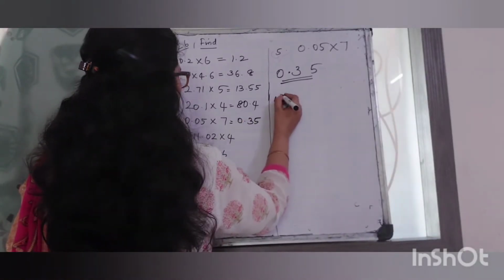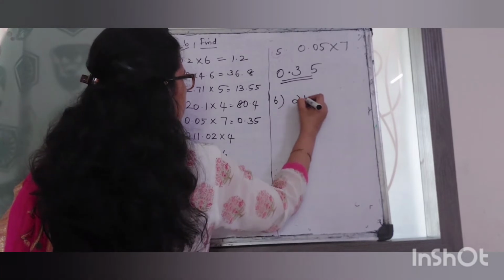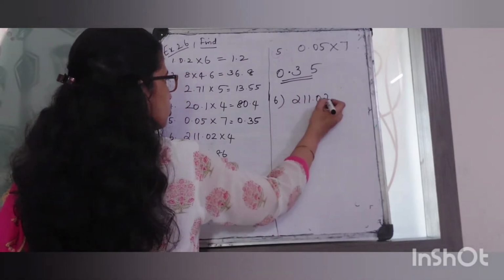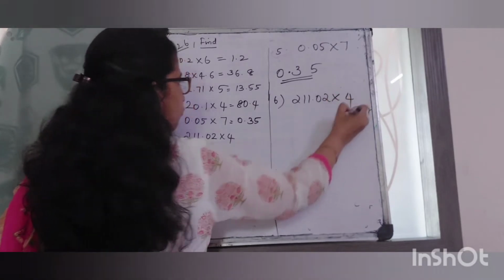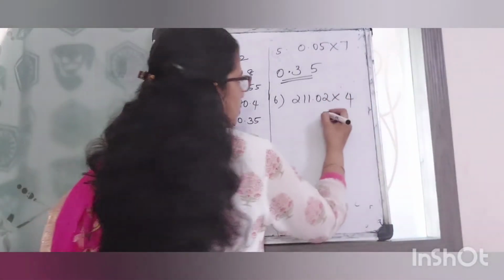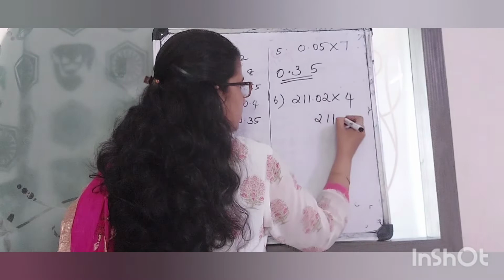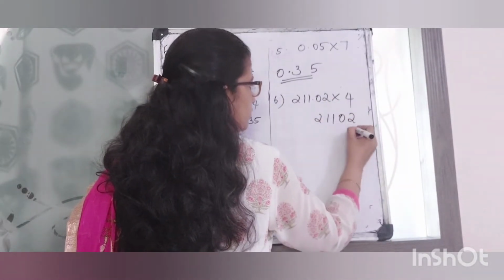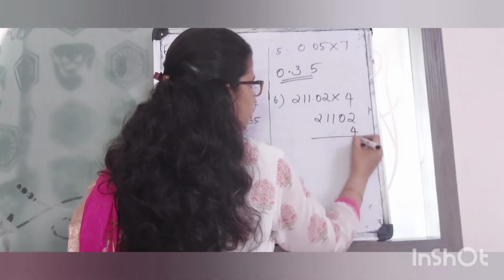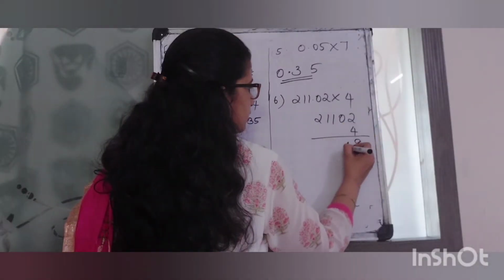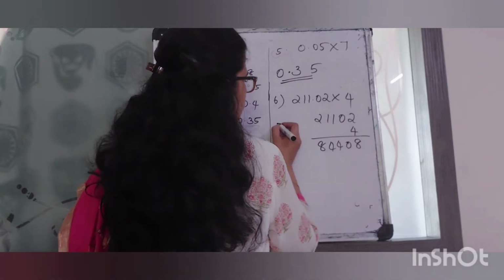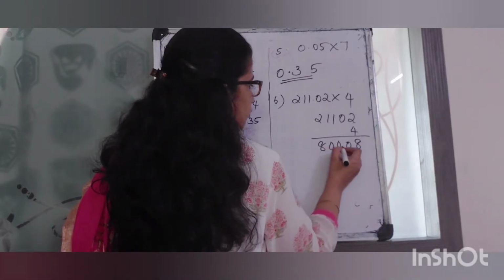What is the sixth problem? 211.02 into 4. So 211, if you remove this decimal point, 02 into 4, 4 2s are 8, 0, 4 4s are 16... the answer is 84408.